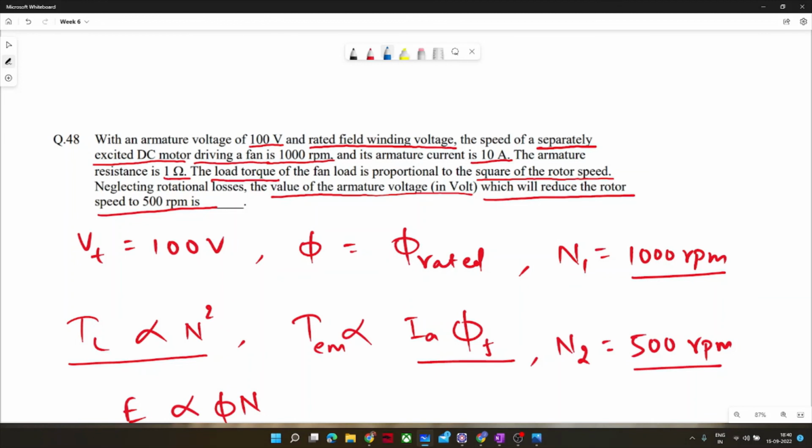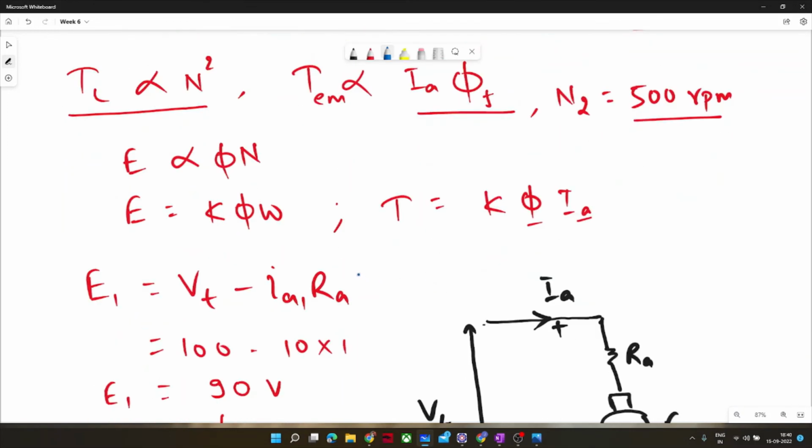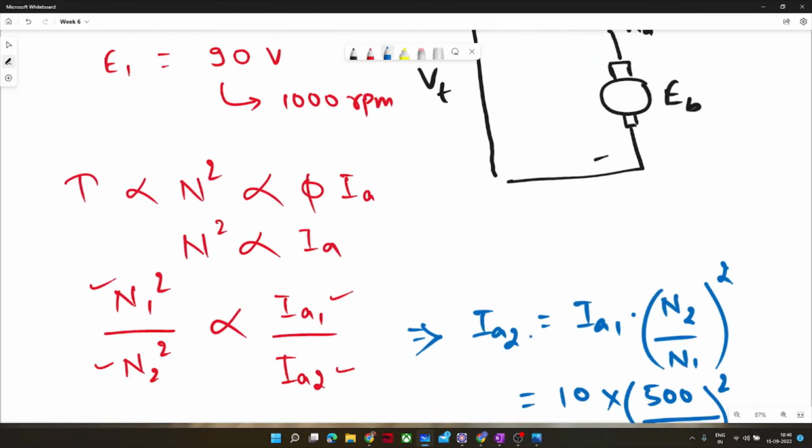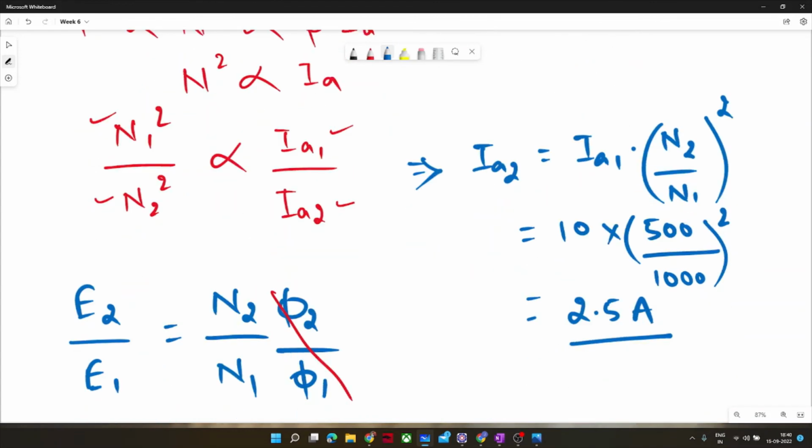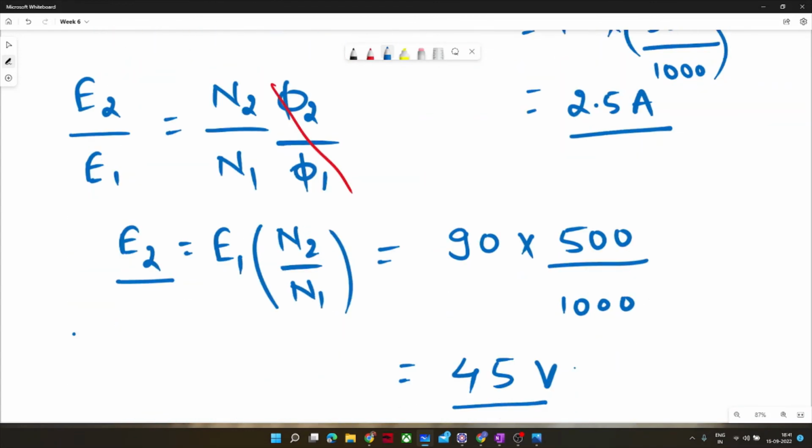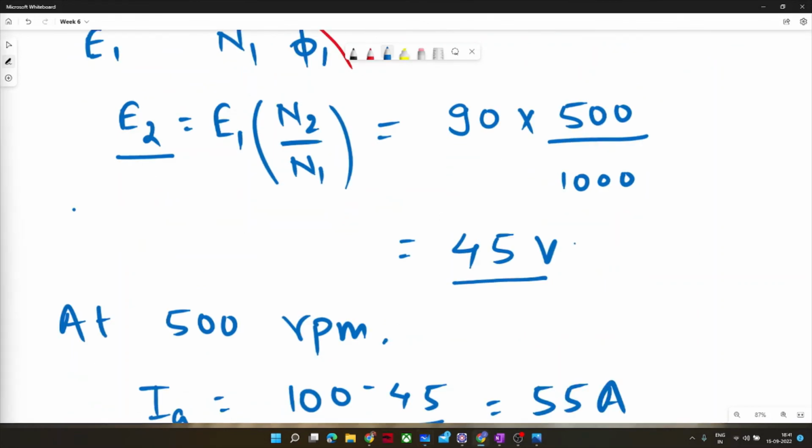This is a separately excited DC motor. The armature resistance was also given. To reduce the speed from 1000 rpm to 500 rpm, what voltage can we apply? For that purpose, I did all the derivations and showed you how to calculate this type of problem. I hope there is no doubt in this problem. If any, you can ask me. If there is no doubt, let me go ahead and solve some other problem as well.